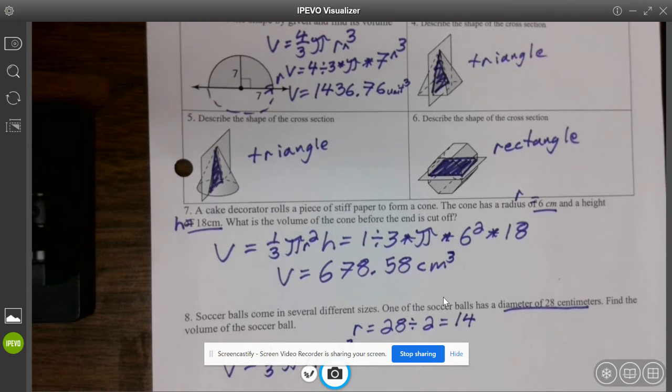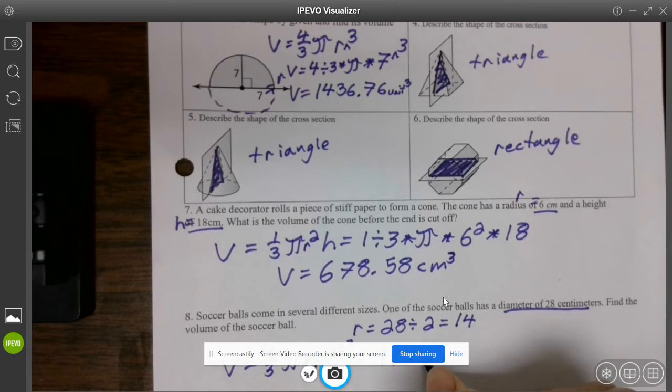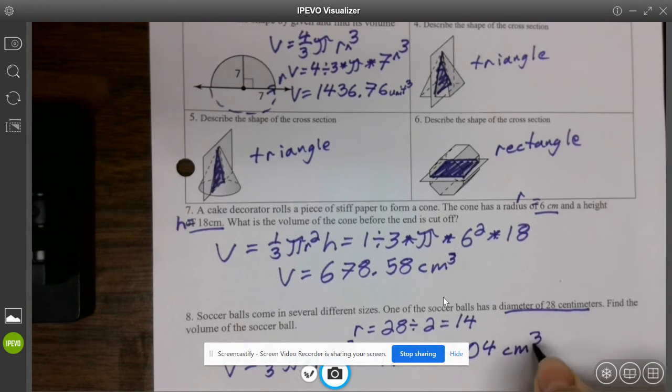So 4 divided by 3 times pi times 14 raised to the 3rd power gives 11,494.40 centimeters cubed.